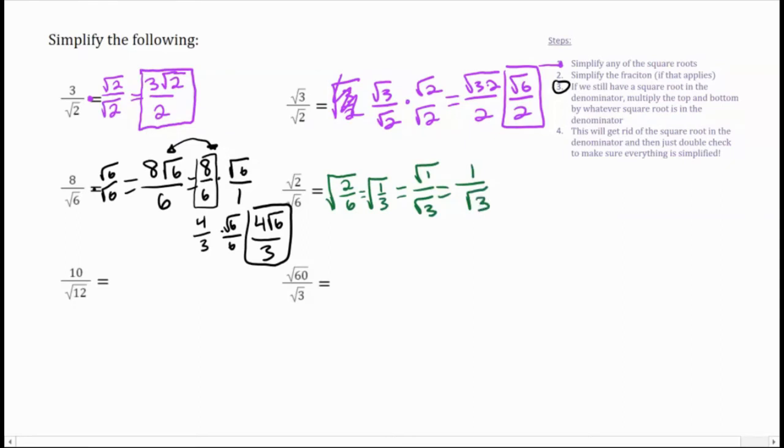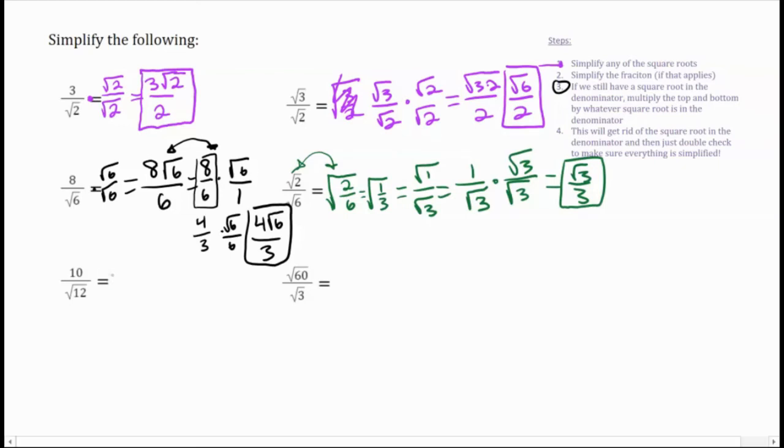Now I've done that first, and I know it's switching a lot back and forth between these two forms, but it's going to help us because now all we have to do is get rid of this square root. We're not going to have to simplify later. So to get rid of that square root, we multiply square root of 3 over square root of 3. That gives us 3 on the bottom, square root of 3 on the top, and that's completely simplified.